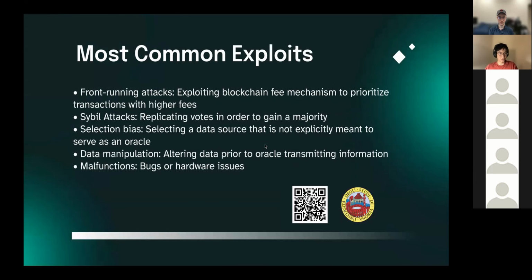So here are some common exploits. When we talk about common exploits, one thing I would like to caveat is that usually it's either by protocol or by chain. This is an overview of general exploit classes regardless of the chain, but you might have some chain-specific ones as well.